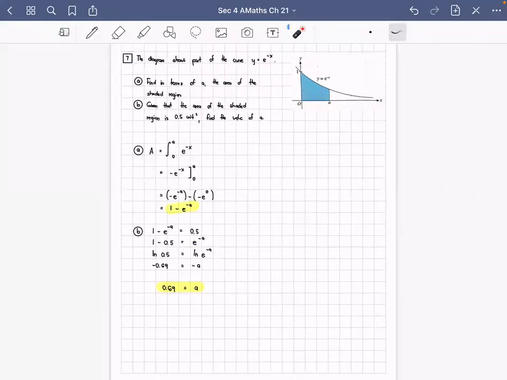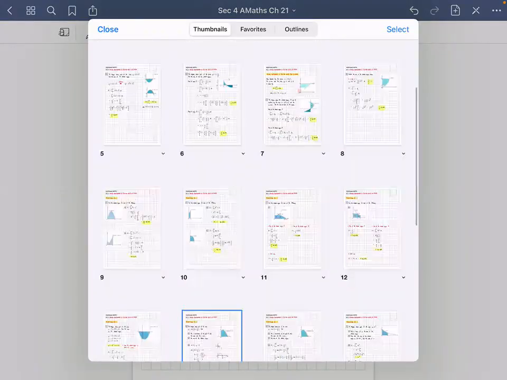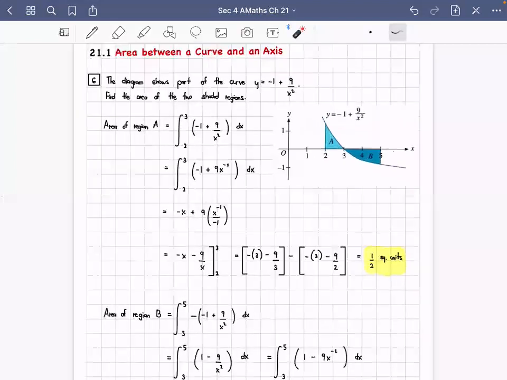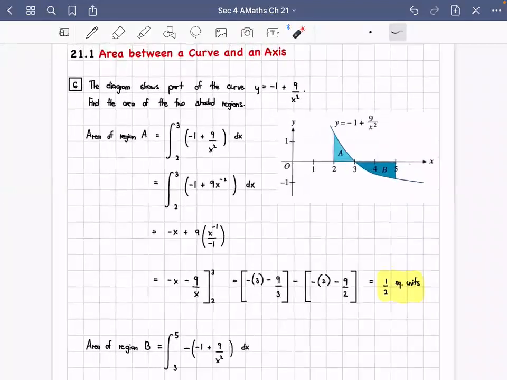Question before we go to the y-axis. This one is a combination of a positive function and a negative function, because region B is below the x-axis. Let me read the question.